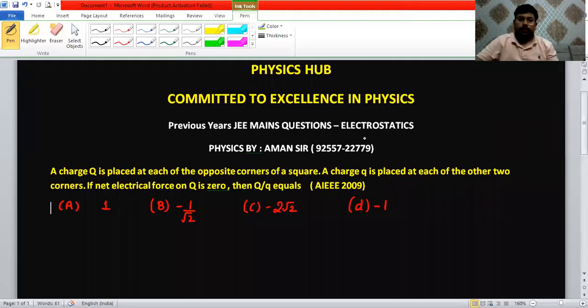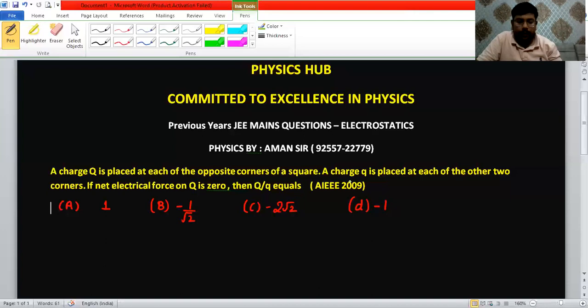Hello friends. Today we are going to discuss a question of AIEEE 2009 from electrostatics. As you can read this question, a charge capital Q is placed at each of the opposite corners of a square and a charge small q is placed at each of the other two corners.